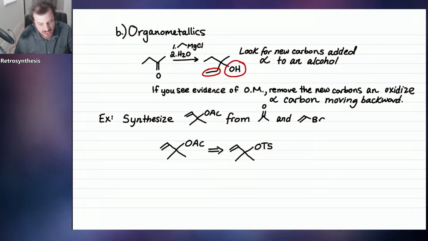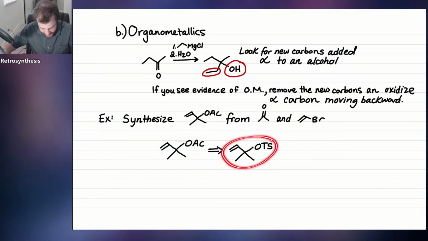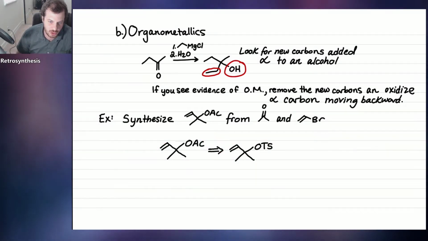Now we have a tosylate. We know that there's a reaction that would turn a tosylate into an acetate group. Does it look like this is more likely to be an SN1 or SN2 reaction moving forward? That's right. It looks to be more likely like an SN1 reaction because this is a tertiary substrate. So SN2 is going to be really challenging on that.